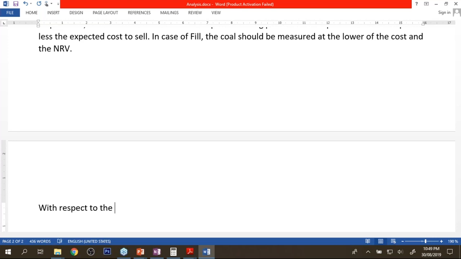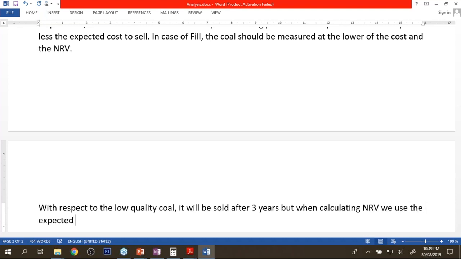With respect to the low quality coal, it will be sold after 3 years, but when calculating NRV, we use the expected selling price of the current time, which is the value in the spot market.